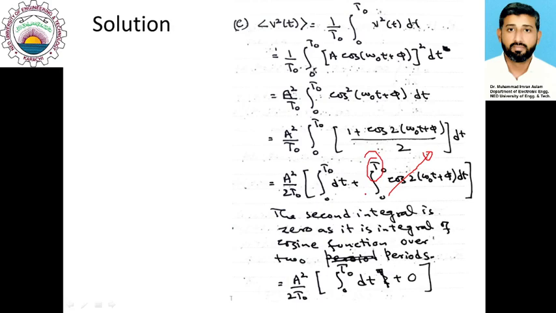So eventually this integral will give you a 0 result. You can try it by solving it as well, but of course this will give you 0. So I can ignore this integral. So the first integral is important here, 0 to t naught dt, and we have the product term a square upon 2 t naught.